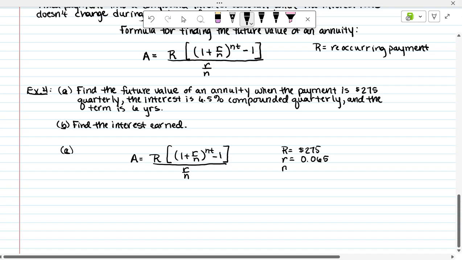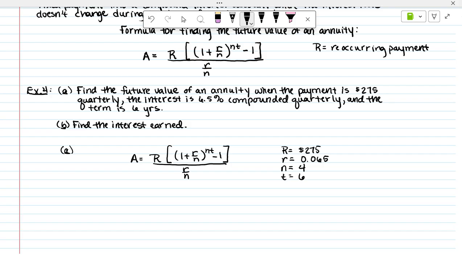Then I've got an n. How many times per year is that compounded? 4. 4, because it says quarterly. Okay, and the term t is 6 years. Good. That takes care of everything I needed: a capital R, a lowercase r, an n, and a t.